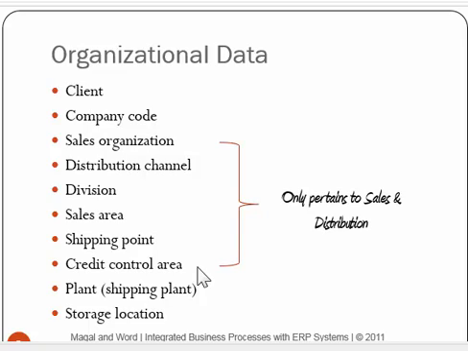But usually you group customers together, which means if you belong to group A, you have to pay right away. If you belong to group B, then you pay within 30 days. If you belong to group C, then you pay within 90 days. So that there is a standard.